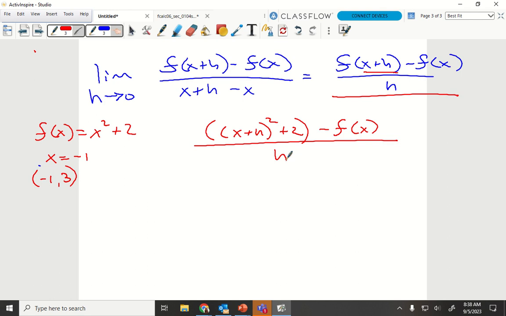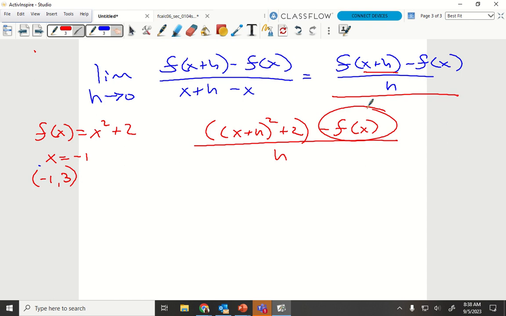Okay, so f of x. Is this your y value? Yes, that's your y value. F of x is what? F of x is 3.